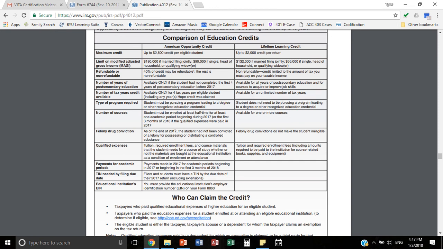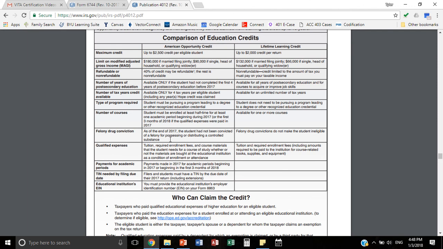As of the end of 2017, the student had not been convicted of a felony for possessing or distributing a controlled substance, which is a very specific requirement and can be kind of awkward to ask people, but you do have to ask this question every single time that someone wants to claim the American Opportunity Credit, because if they have been convicted of a felony for possessing or distributing a controlled substance, then they can't claim the credit.